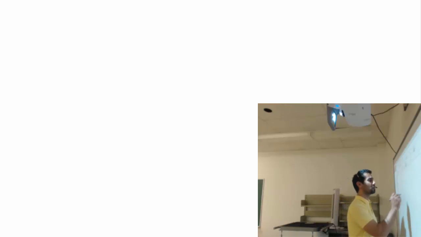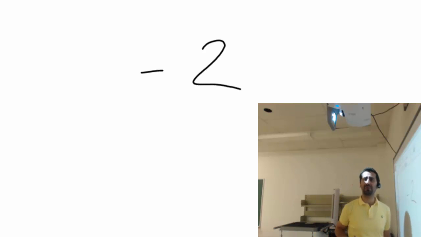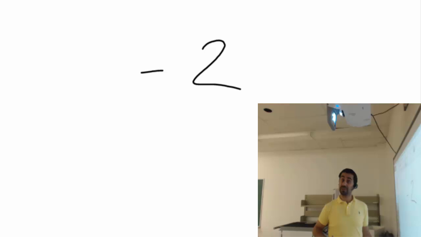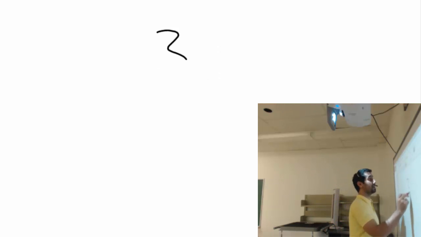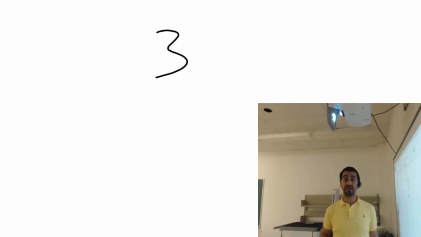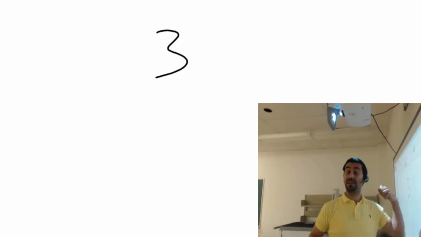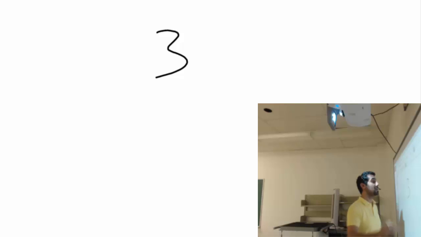Before I start, I need to tell you that every number has a sign in front of it. So, what is the sign in front of this number? 2 is a negative number, so the sign is negative. How about 3? What is the sign in front of 3? Well, you can't tell me there is no sign because every number has a sign. If it doesn't have a sign, it means plus.